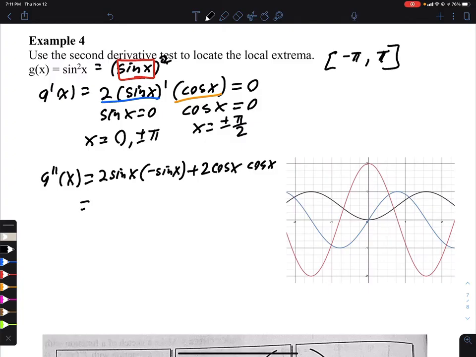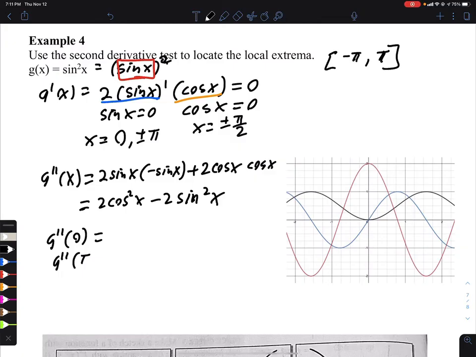So we end up with 2 cosine squared x minus 2 sine squared x. I'm okay with that. Then I find my second derivative at 0, at pi, at negative pi, at pi over 2, and at negative pi over 2.